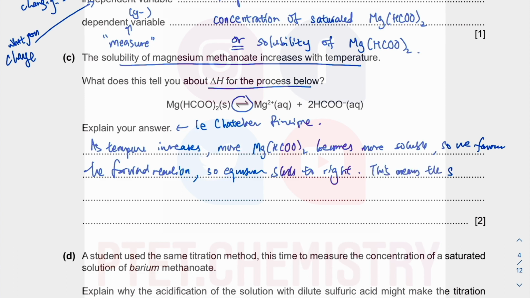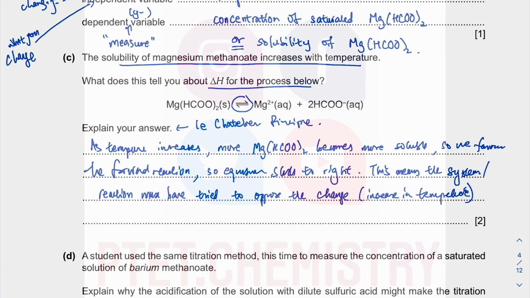the system or the reaction shown above, or the equilibrium, must have tried to oppose the change, which is increase in temperature. The change is increase in temperature, and therefore it would have tried to oppose the change by decreasing temperature.